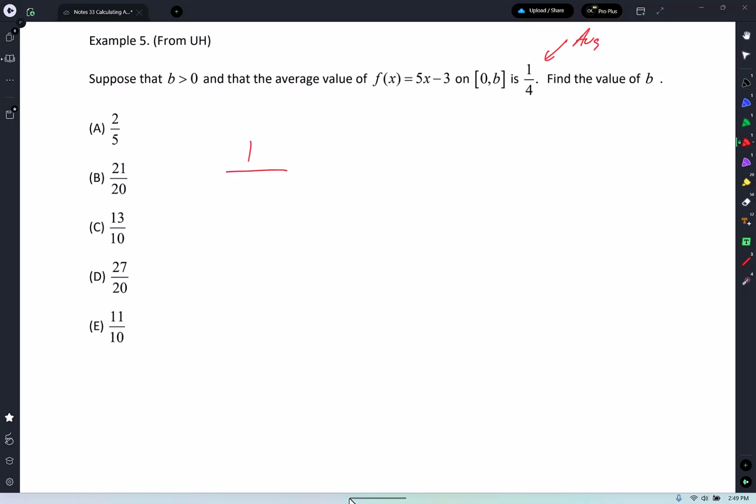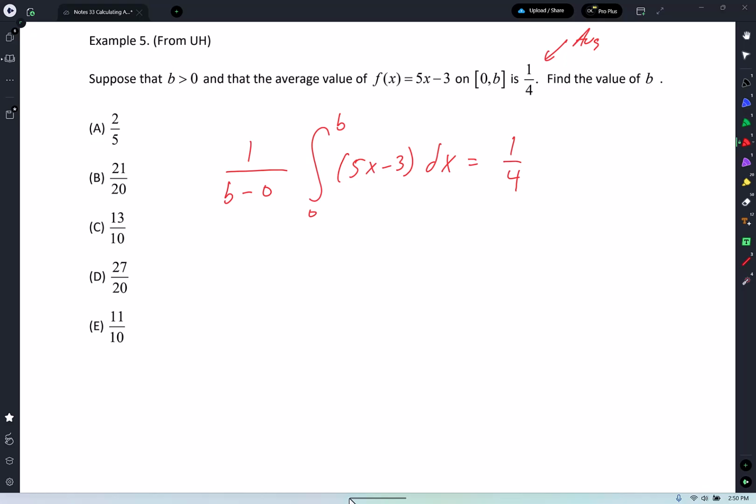1 over, what's my interval? Yeah, 0 to b. So I'm going to write b minus 0. Does everyone see where I got that? Integral from 0 to b of 5x minus 3, close it, dx equals 1/4. You don't have to put parentheses if you don't want to. It's understood that the dx marks the end.